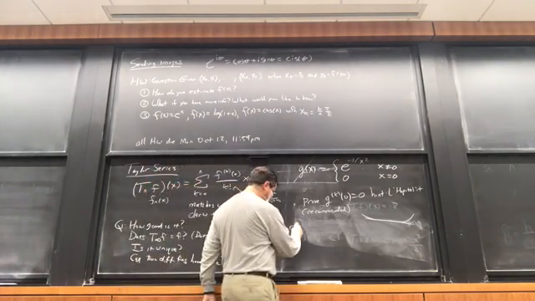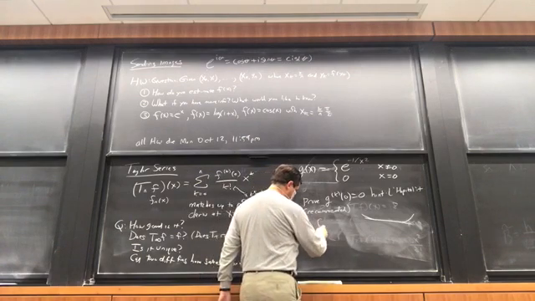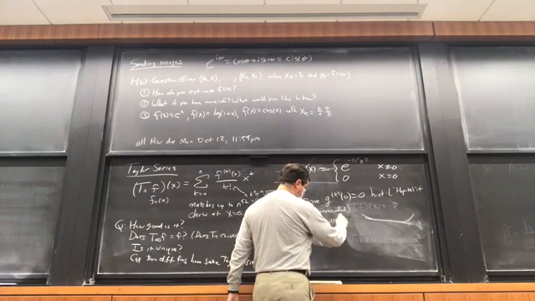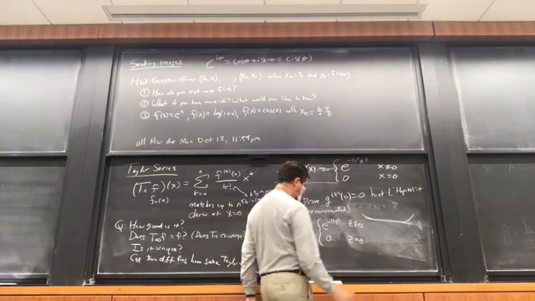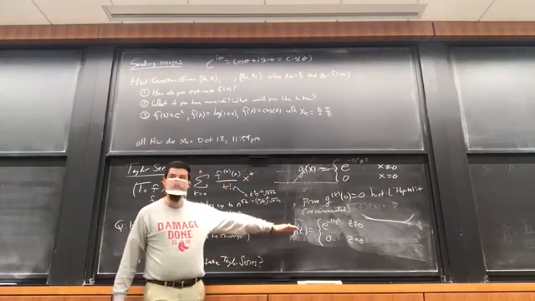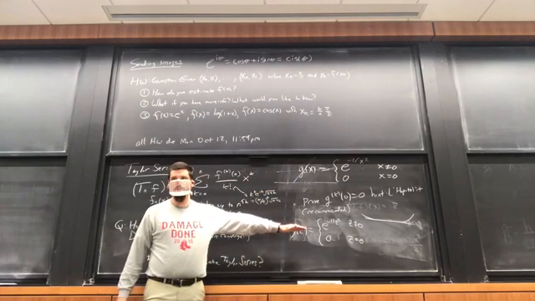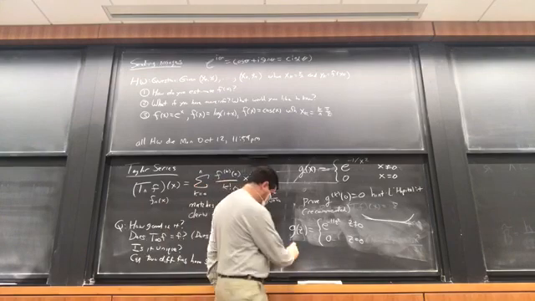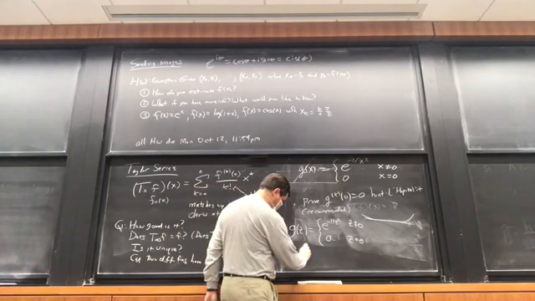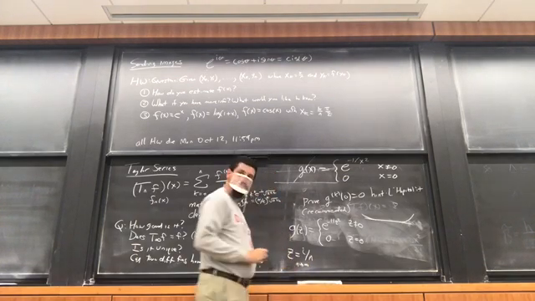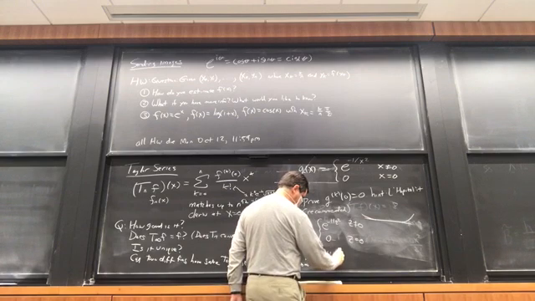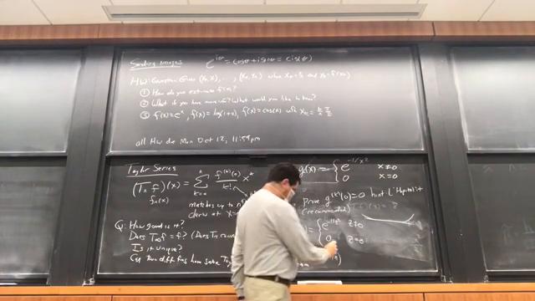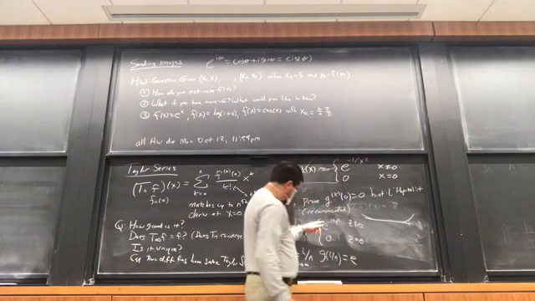If we look at g of z is e to the negative 1 over z squared if z is not 0, and 0 if z equals 0, well, we already know if we take z to be real, the function is going to 0. If we take z to be, say, i over n, with n going to infinity, g of i over n becomes e to the negative 1 over z squared.